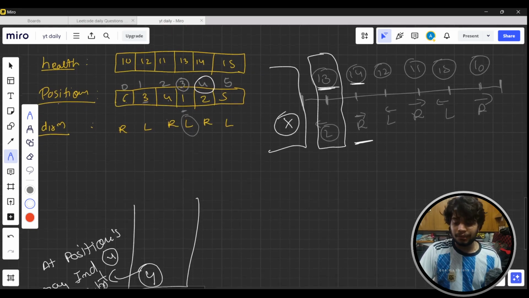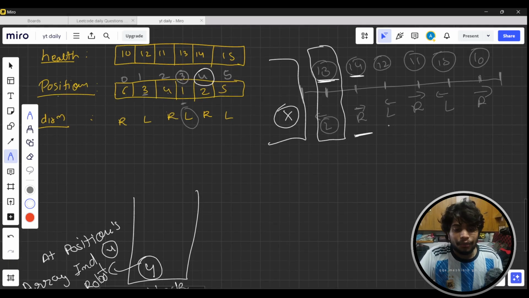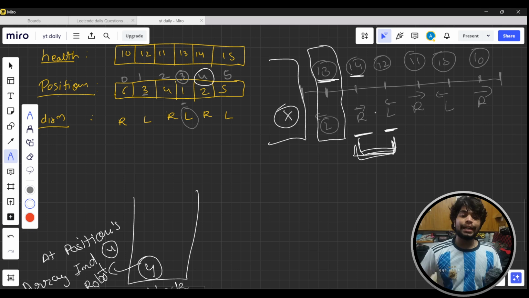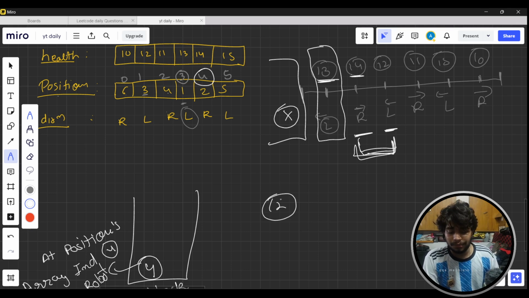Okay. Then I again find a robot which is moving in the left direction. For sure there will be a collision between the two of them. So what will I get? I will get the right one as my winner. So now again I have a robot with an index whose health is 4.